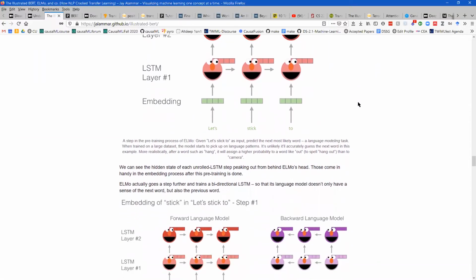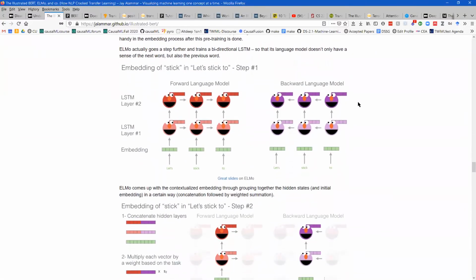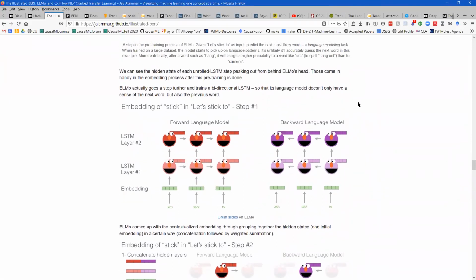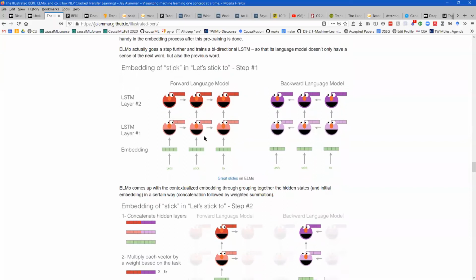So let's see the hidden state. Okay, so this one, I guess ELMo is using a backward language model and a forward language model and combining them. So here's the sentence going in.